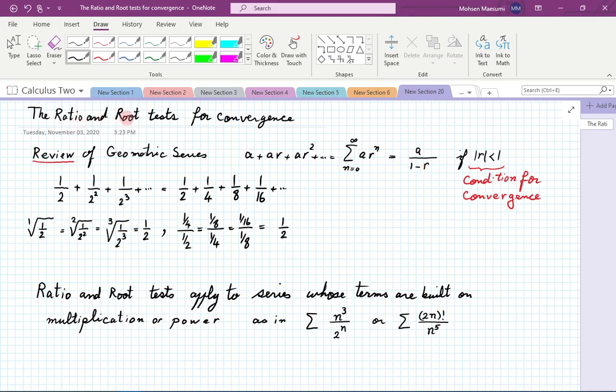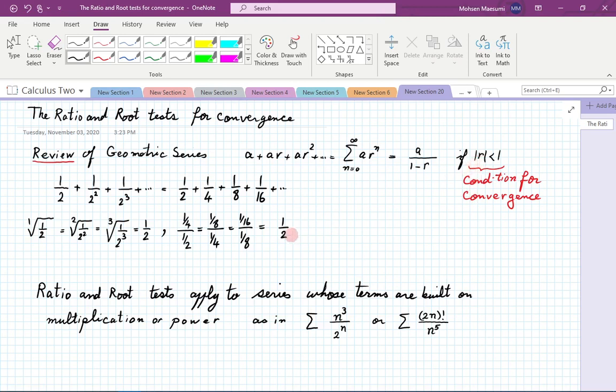Now the ratio and root test are based on a similar idea: if I take a ratio of two consecutive terms of a series, or if I take the nth root of the nth term of the series, and the resulting number stays below 1, then my series is going to be converging.